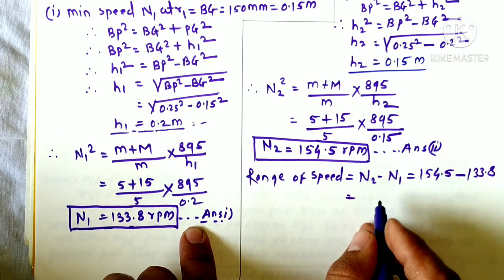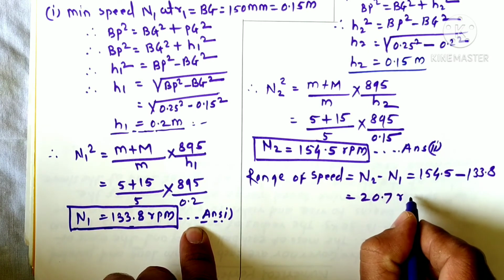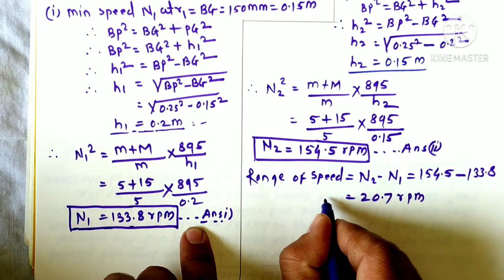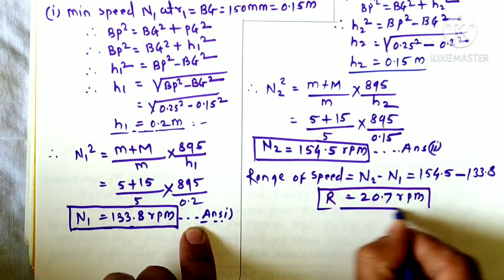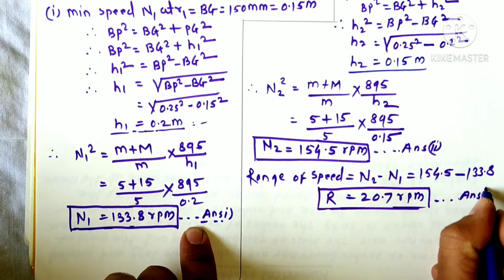So your answer will be 20.7 RPM, because it is speed, that's why it is in RPM. So the range will be 20.7 RPM. This is the answer of the third.